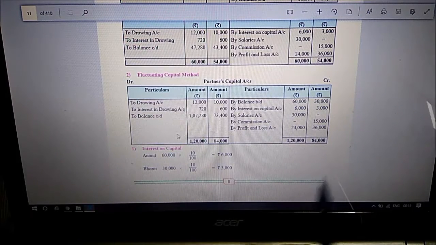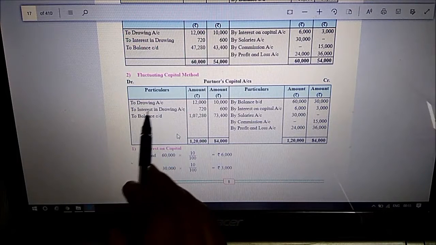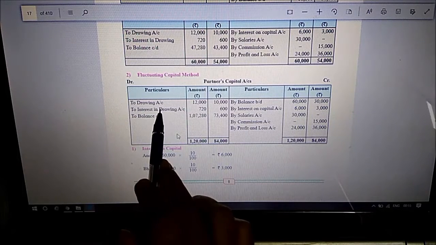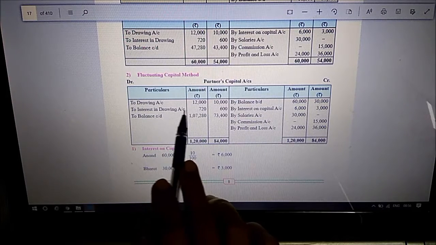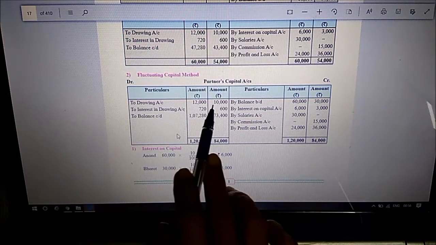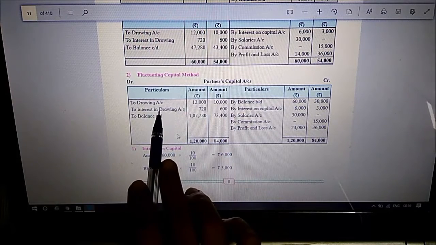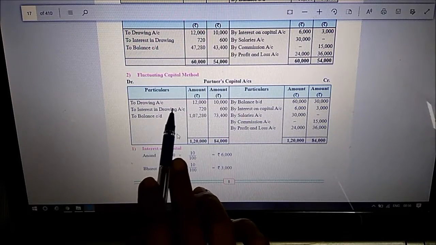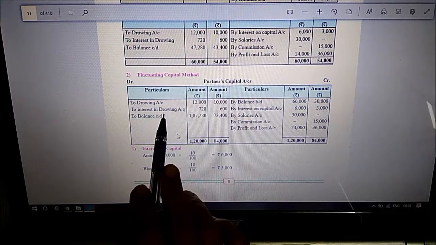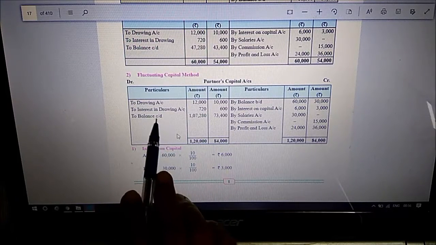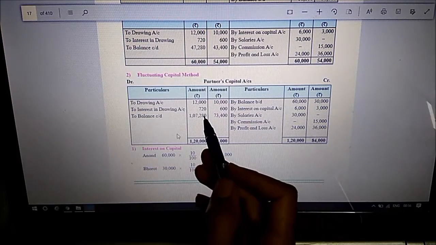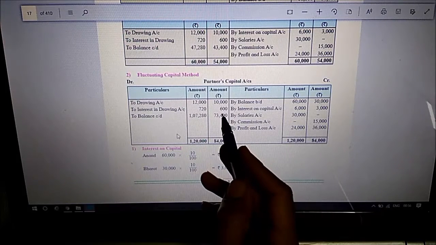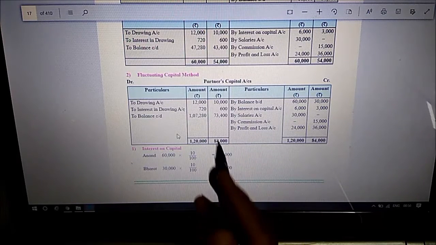Now we see the debit side entries. In the drawings account, Anand was drawing 12,000 and Bharat 10,000. On the drawings, the firm is charging 12% interest. So we calculate 6 divided by 12, and we get 720 rupees for Anand, and for Bharat it is 600 rupees.